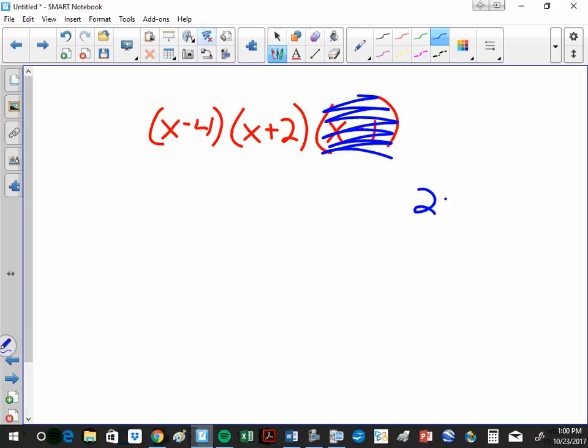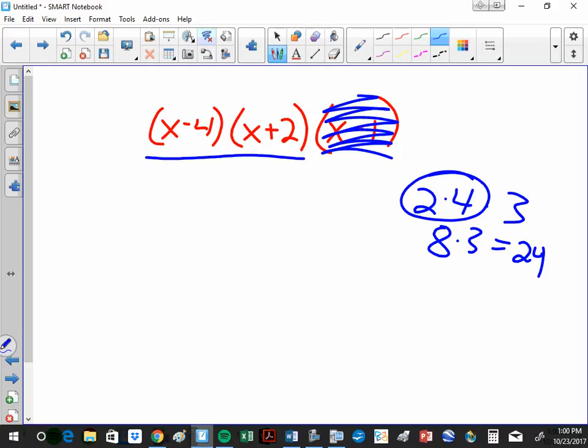If I had 2 times 4 times 3, how would you do that? 2 times 4 is 8, times 3 is 24. So the idea is figure out those. Once you know what those multiply to be, then bring in the last one. Let's multiply these together and forget that that last one even exists.